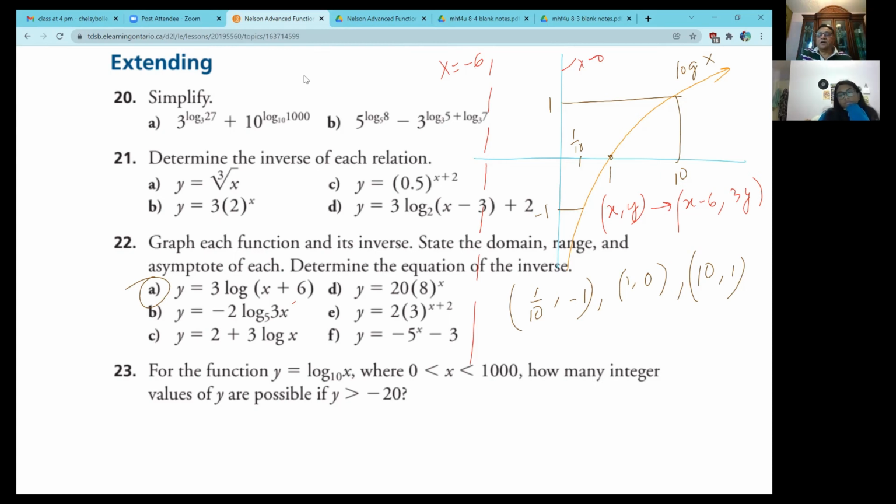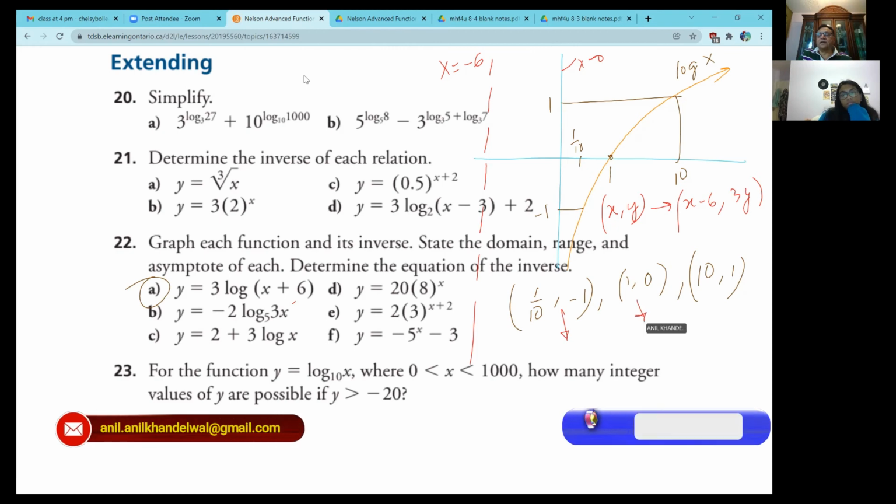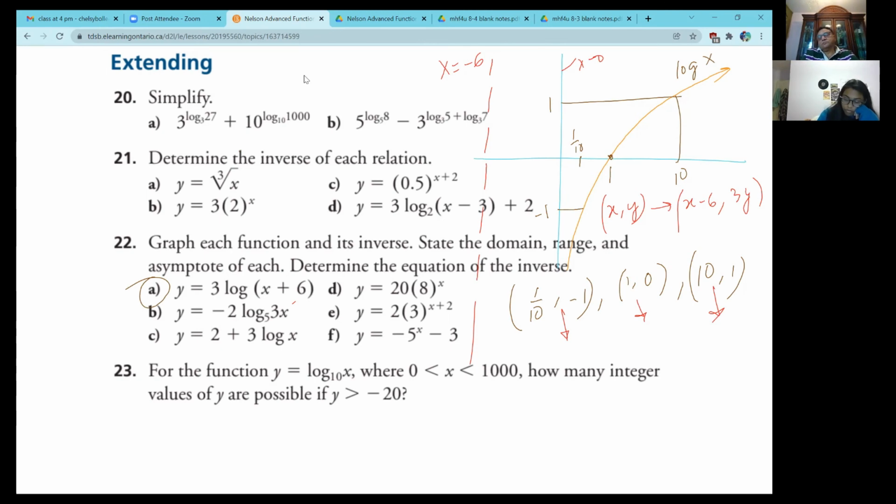Now, let's do the transformations for all 3 points. So first point, x - 6. So do 1/10 - 6, what do you get? 1/10 less 6, right?